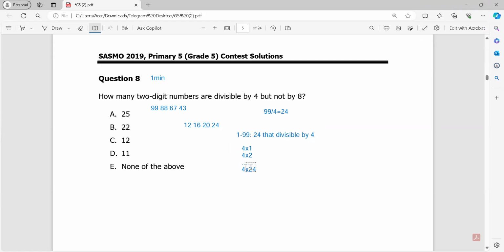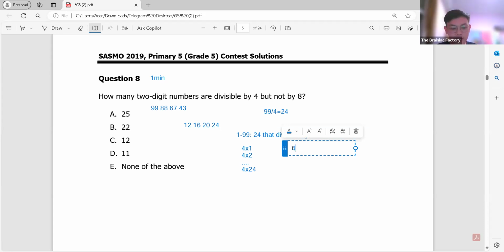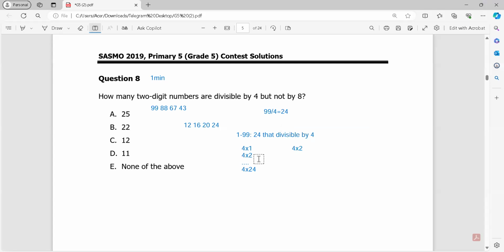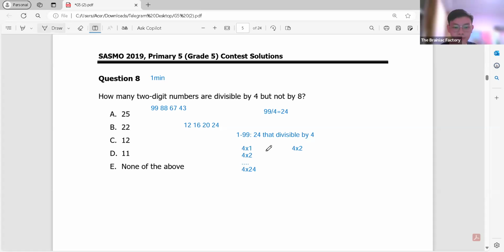So we're asked to not include the numbers that are divisible by 8. We know that a number divisible by 8 shares the factors of 4 and another 2, like this. So we can just consider from 1 to this 24.